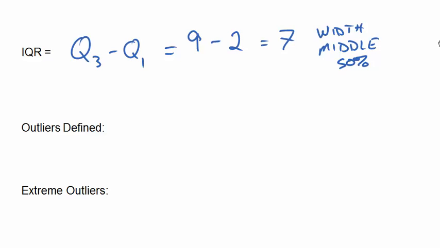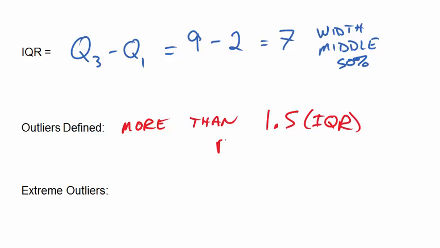So far, we've sort of had this qualitative, does it look really extreme? How extreme is extreme? The flat definition of an outlier is you are an outlier if you are more than 1.5 IQRs beyond either Q1 or Q3.